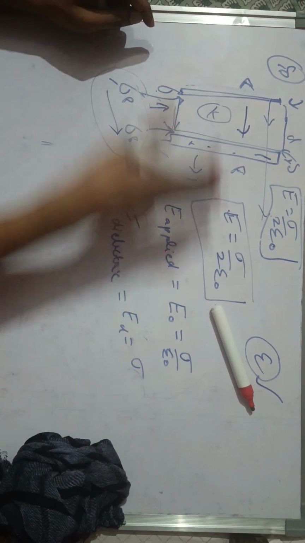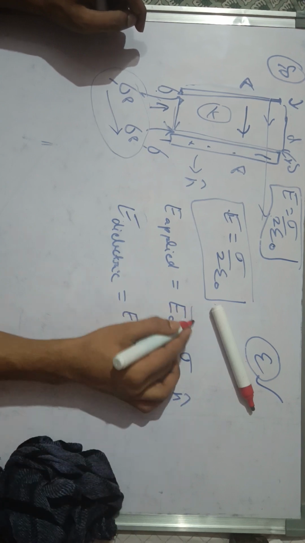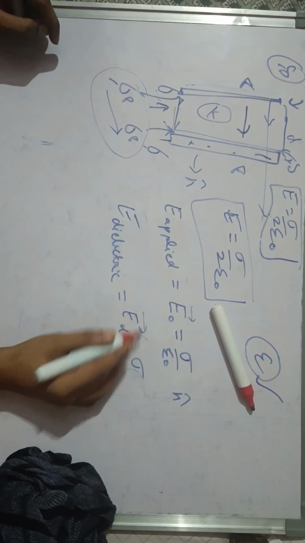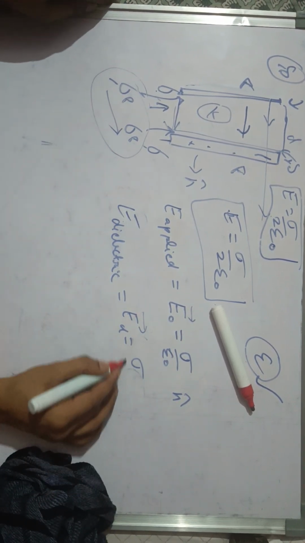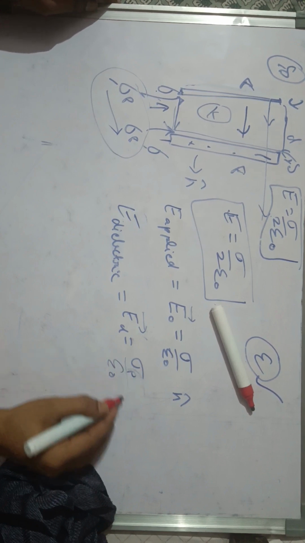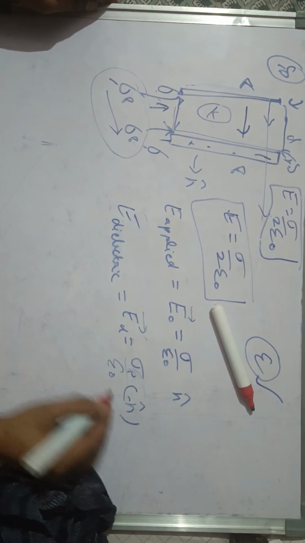Let's say this direction is n cap, and this electric field is in the minus n cap direction.